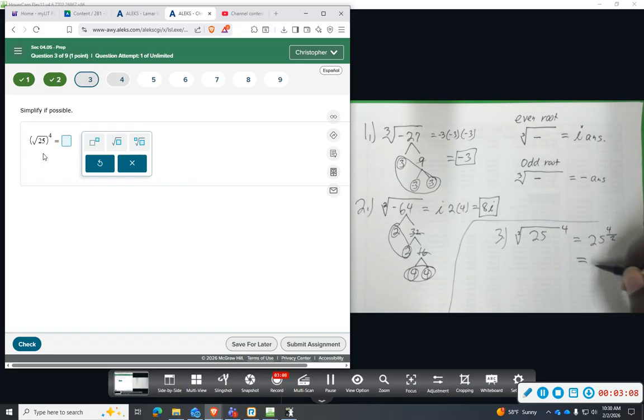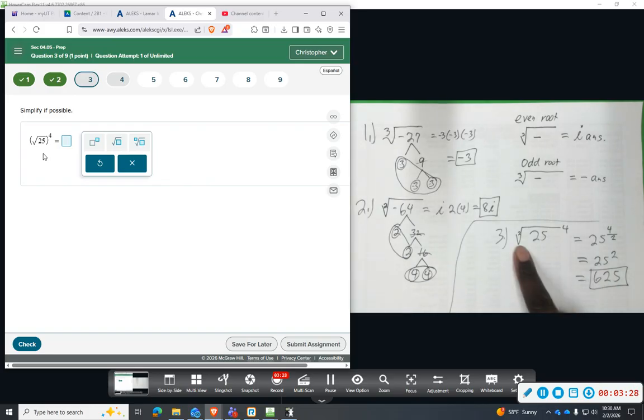So I can rewrite this as 25 squared. And then 25 squared, you multiply that, and that will give you, I want to say 625 if I can remember that correctly. 625. Okay, so this would be our final answer.